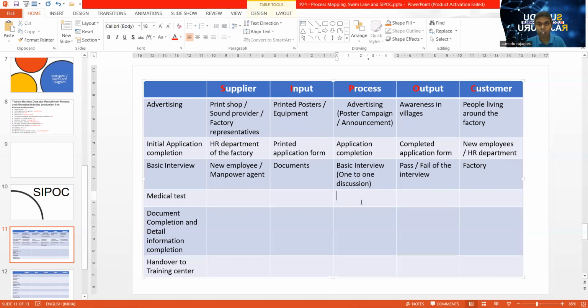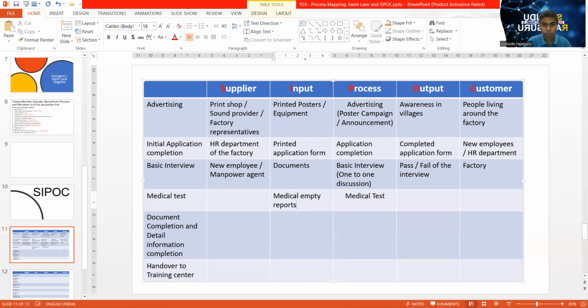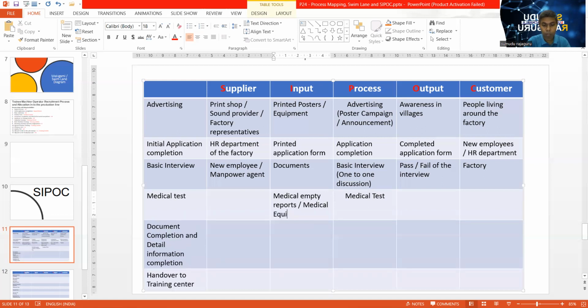So, medical test. What is the process? We'll write it down, then you can understand properly also. Give me one second. Medical test. What are the inputs for the medical test? Maybe medical empty reports, then medical equipment.